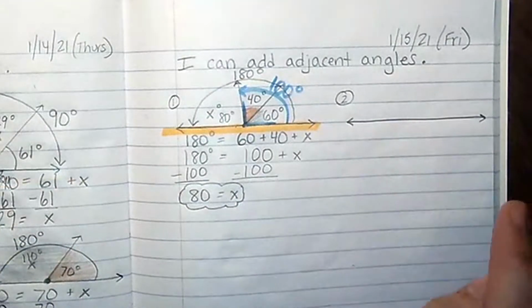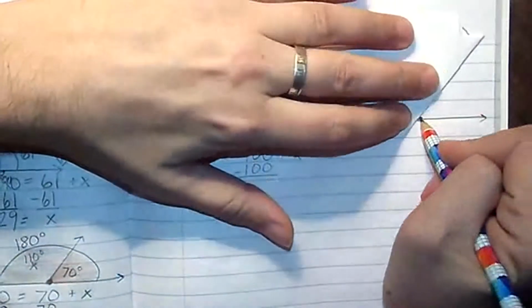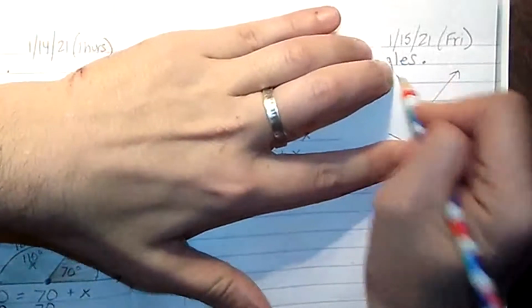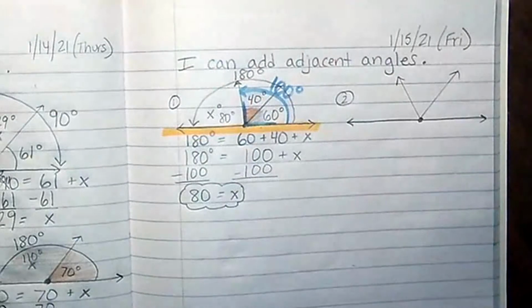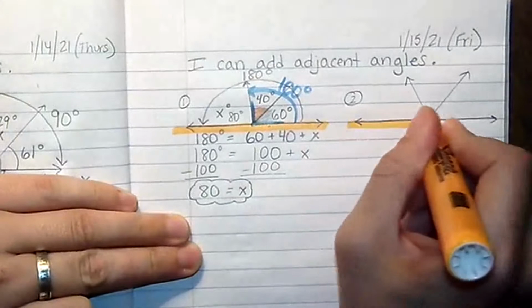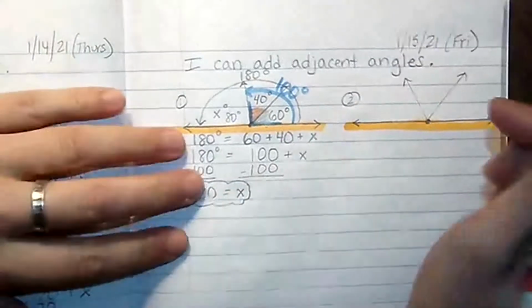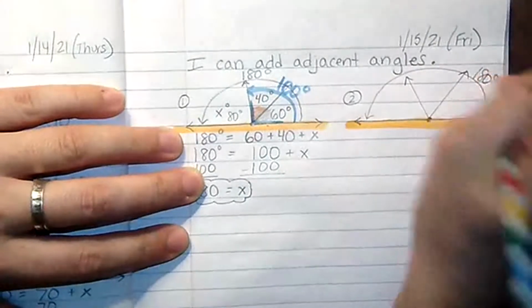Let's do another one very similar. I want to draw the vertex on number 2, and I want to make 2 rays coming out of it. All right. Do you see a 90-degree angle? I do not. So I don't know that measure, but what I do know is the straight line is a straight angle, and how much does it measure? It's exactly 180 degrees.